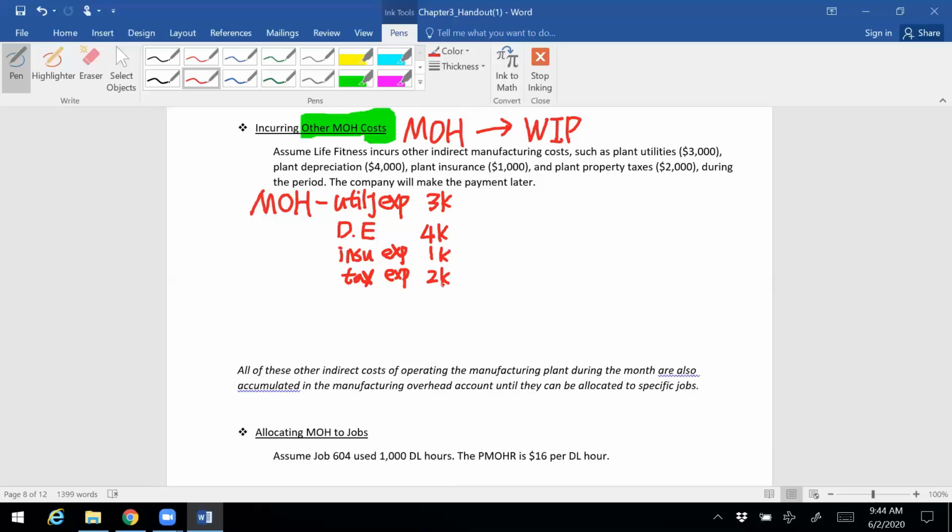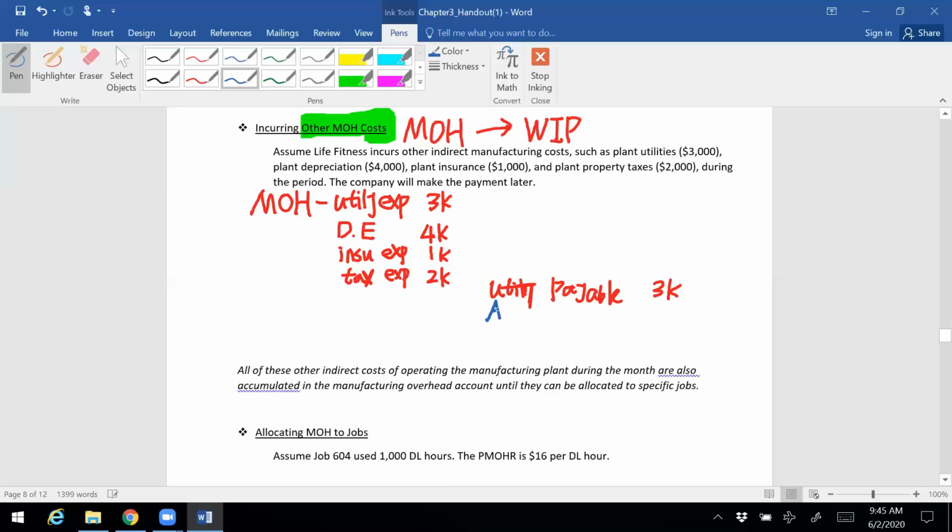So we have all of this payable. We have our utility payable, $3,000. The next one is the one I want to point out. For depreciation, you debit depreciation expense, so what should you credit? There is nothing called depreciation payable. It's called accumulated depreciation. Do you still remember that one?